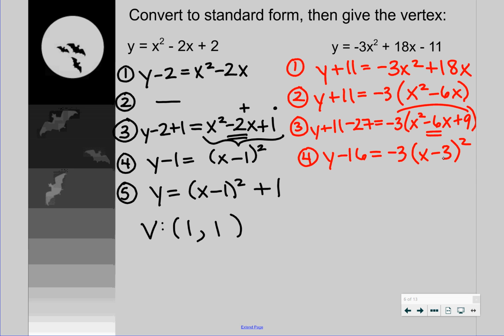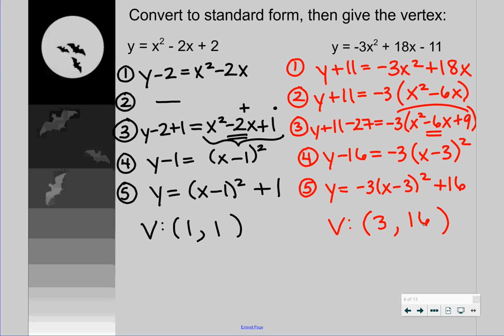So you could say x minus 3, or we're going to write x minus 3 squared. We're just condensing that trinomial. Last step, get the y alone. Y equals negative 3, x minus 3 squared plus 16. What's my vertex? Positive 3, positive 16.